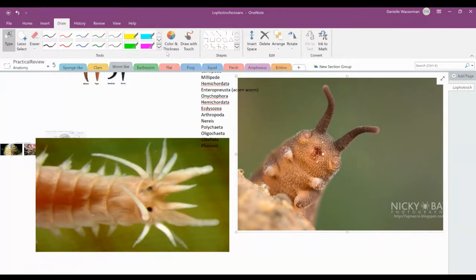which introduces an anatomy term, which is really important. Setae are shared derived characteristics for annelids, and they are totally absent on this guy, which is Onychophoran, which is a velvet worm.